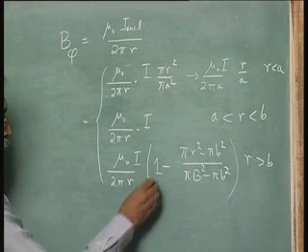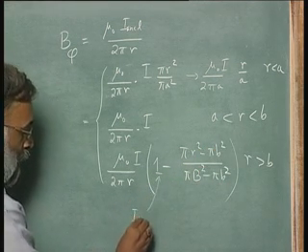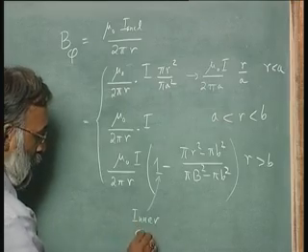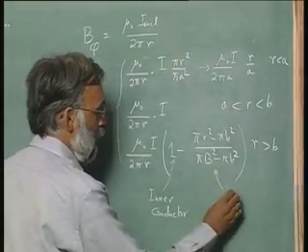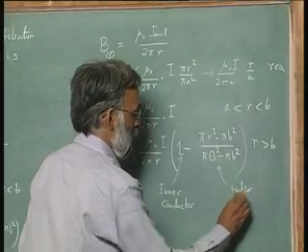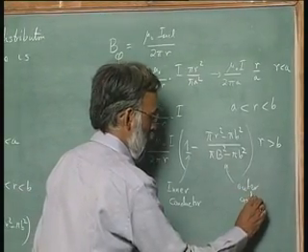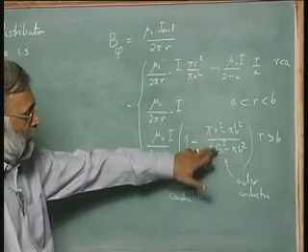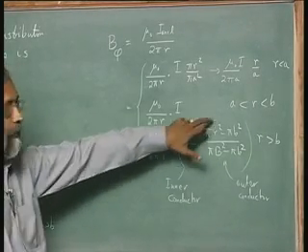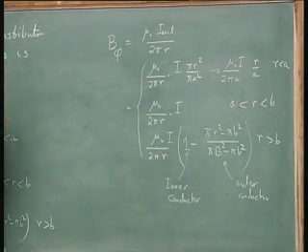This is the current in the inner conductor. And this is the current in the outer conductor. Clearly, when r is equal to capital B, this becomes minus 1. So, 1 cancels with minus 1 and there is no magnetic field.